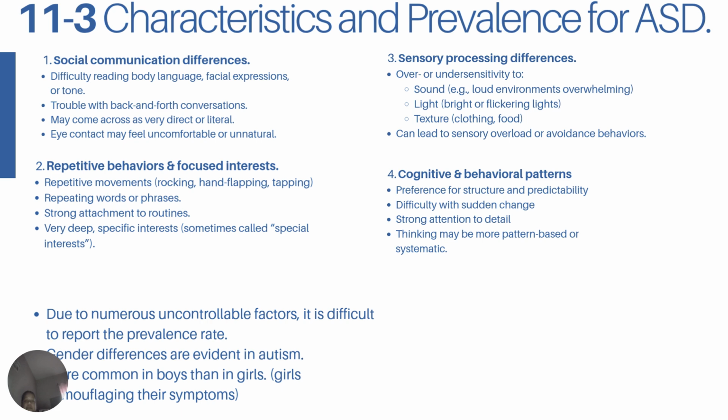Under this is preferences for structure and predictability, difficulty with sudden change, strong attention to detail, thinking may be more pattern based or systematic. Due to numerous uncontrollable factors, it is difficult to report a prevalence rate. Gender differences are evident in autism, more common in boys than in girls.